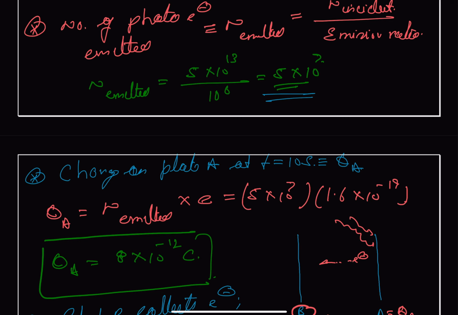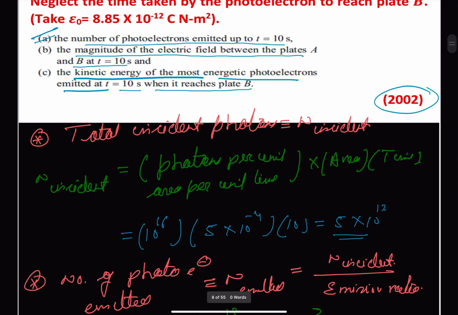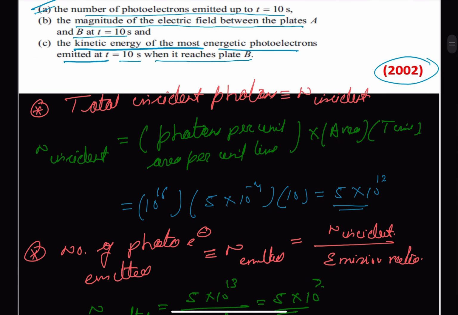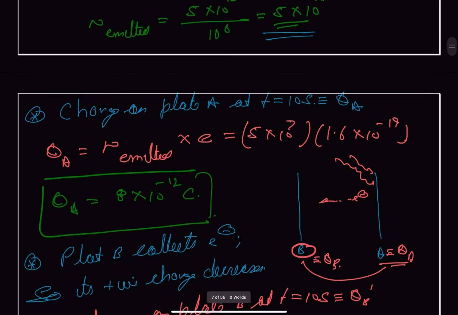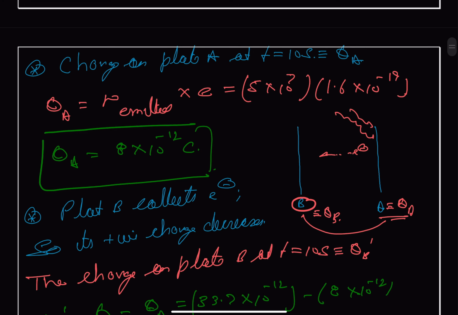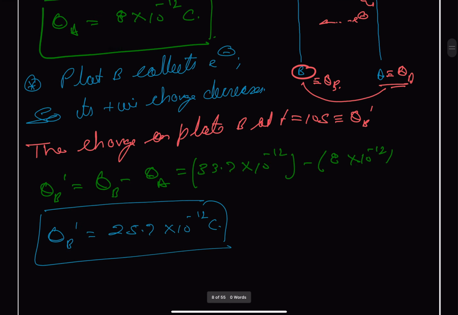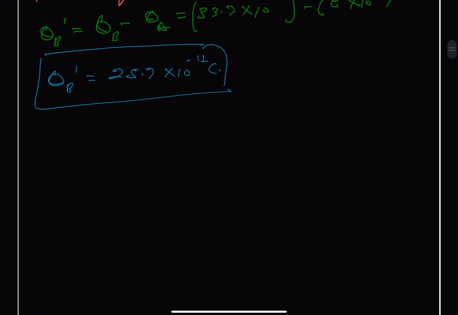And part B, we are supposed to find the electric field. Okay, so we found out the charge respectively on plate A as well as plate B. So after 10 seconds, we can just redraw the figure again. After 10 seconds, the charge on plate B is QB prime and the charge on plate A is our QA.